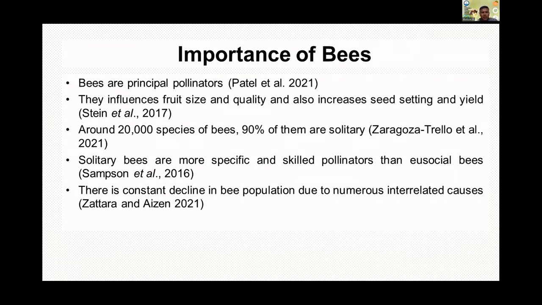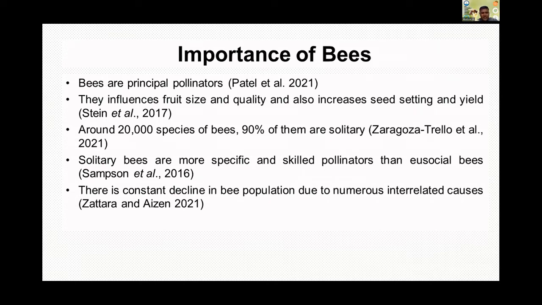Among all the pollinators, bees have been documented as the principal pollinators across the world due to their good pollination abilities, including their higher visitation rate, higher pollen depositing ability, and good single visit pollen deposition.